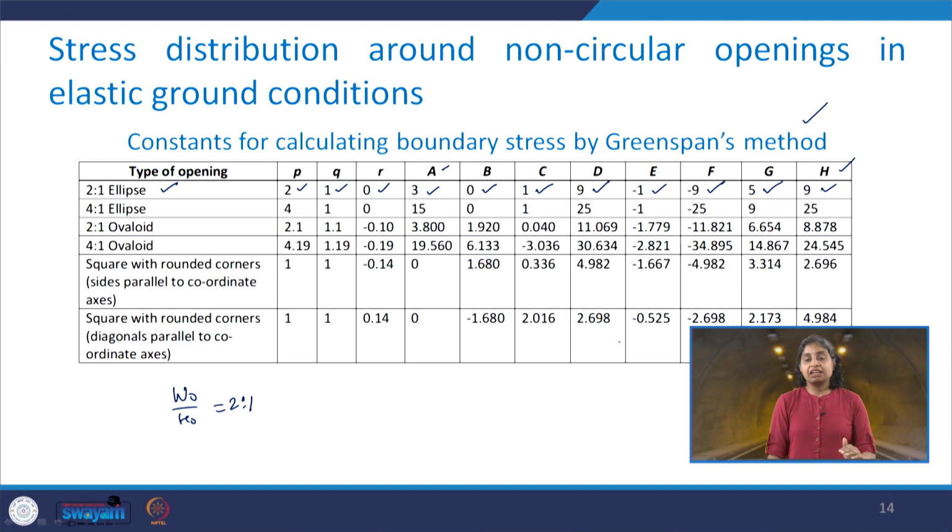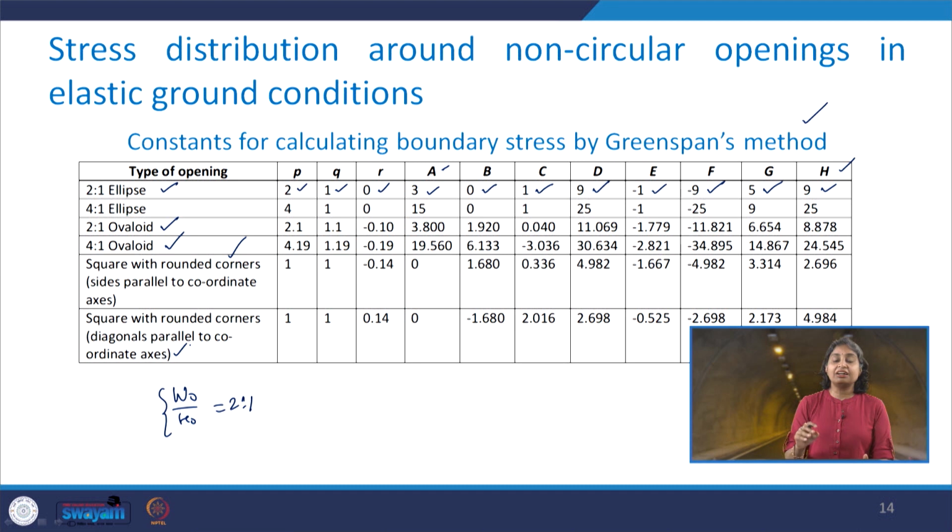So likewise, if you have different shapes such as ovaloid, again with two ratios of W naught upon H naught, then the square shape, of course you need to have here the rounded corners, and there two situations can be there, as I already explained to you. In the first situation the sides are parallel to the coordinate axis, and in another situation the diagonals are parallel to the coordinate axis.